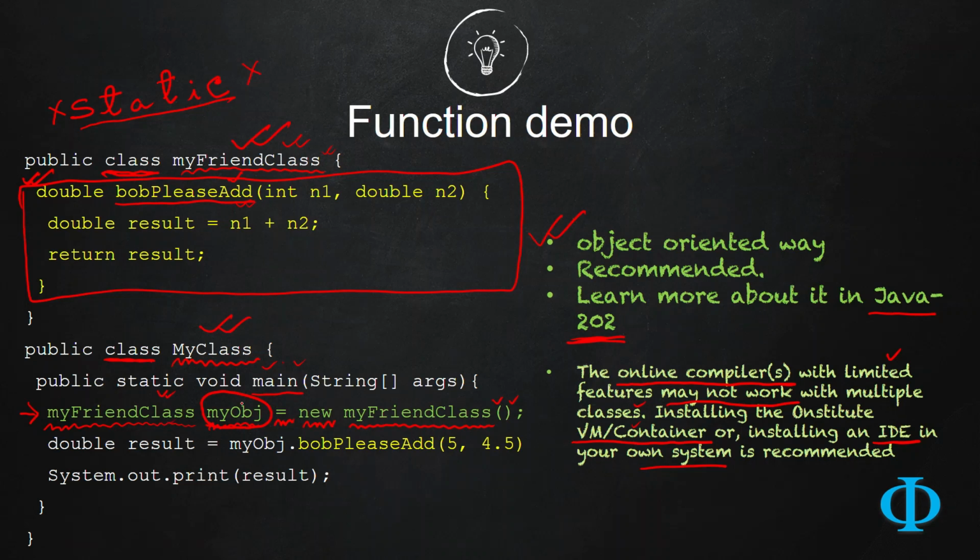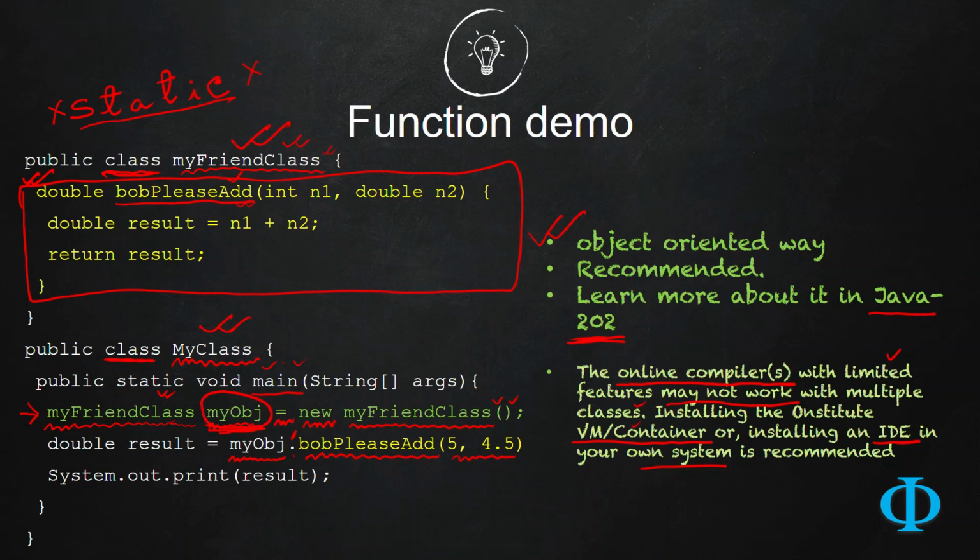Now we are going to use this myObj object to call the function Bob please add. How to do that? You have to use this dot operator. The exact syntax is the object name, in our case myObj, followed by dot, then the function name, and then the argument list, that is 5 and 4.5, the numbers that you want to add.